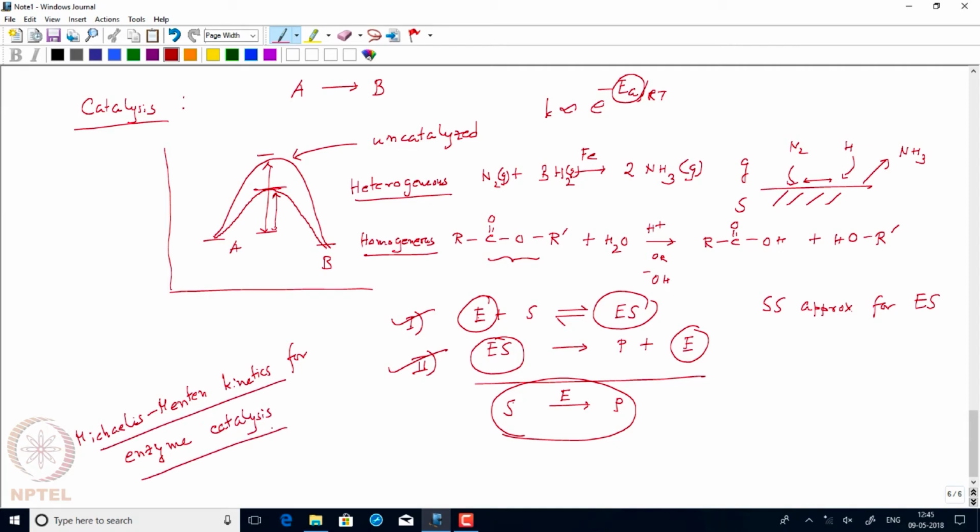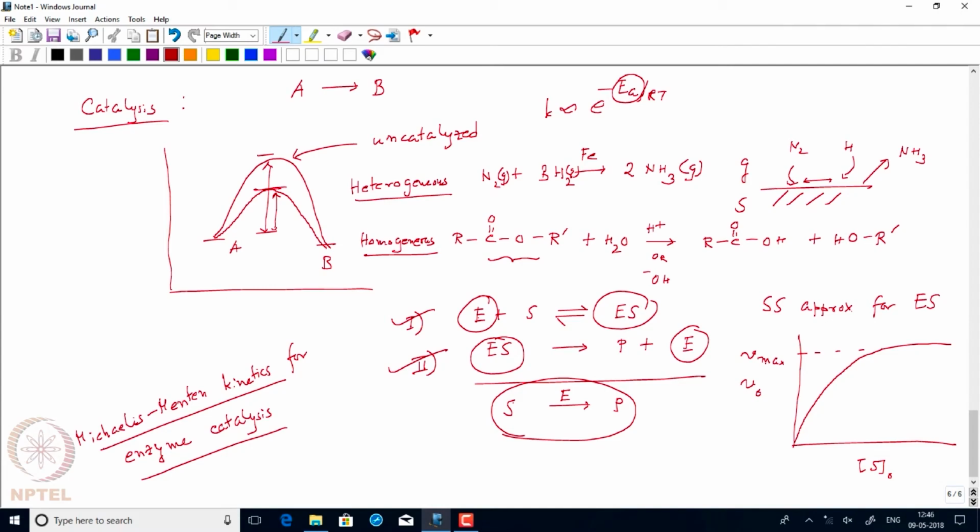Usually it is plotted as the initial substrate concentration versus the initial velocity, something like this, V0 and initial substrate concentration, and then you see that it reaches a maximum speed which we call Vmax. So all this discussion you will get in any standard textbook.